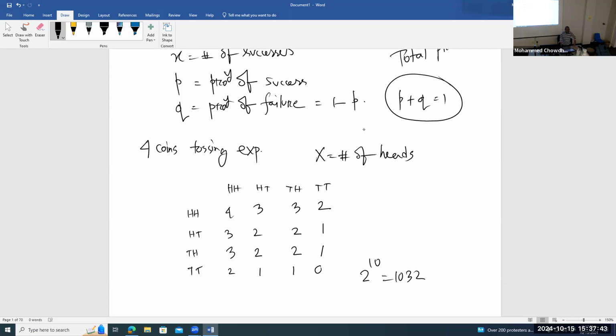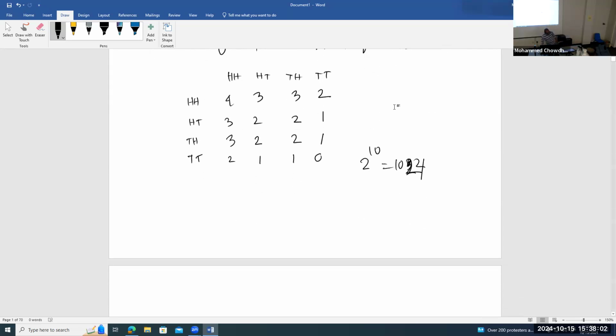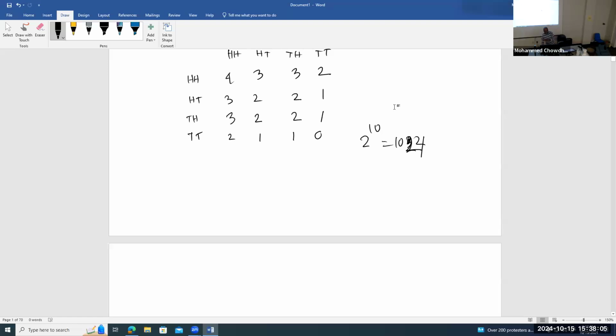Can I write all of these sample points? I can, but it will take almost half of my day. So our forefathers gave a formula to compute this type of probability by using the binomial distribution that I just wrote.